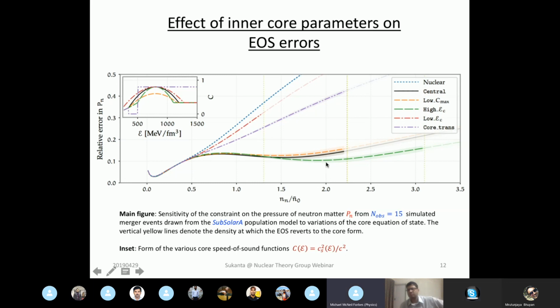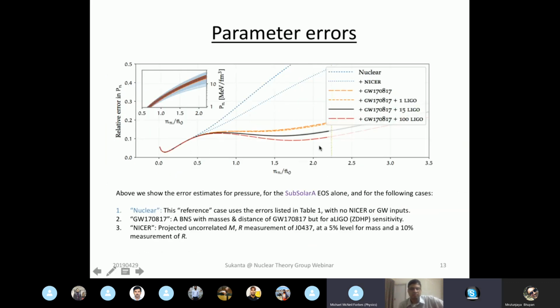So there's, right. Probably look at the next slide. So here you see that if you go from 15 observations to 100 observations, all at greater than 100 megaparsecs, then you do get some increase, but it's not so much. Yeah. And how much does it affect the mass radius curve?